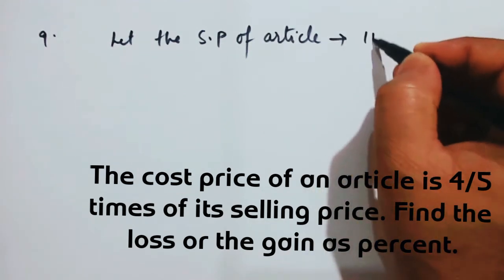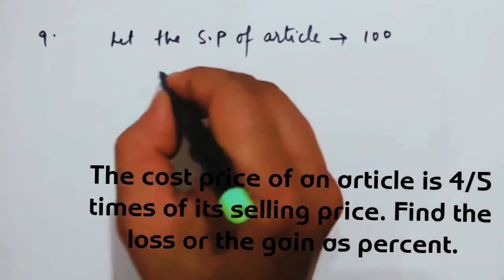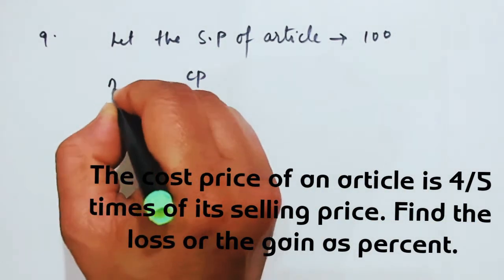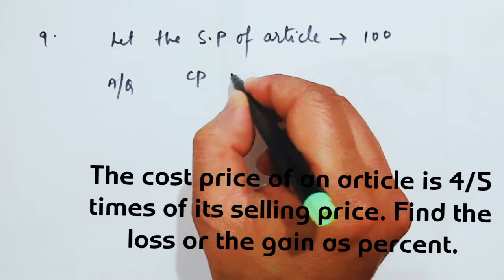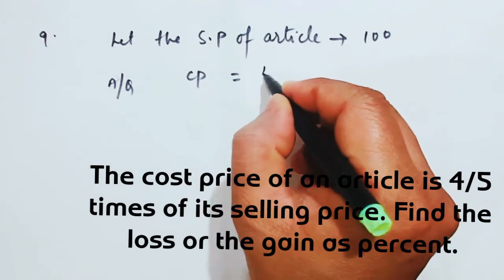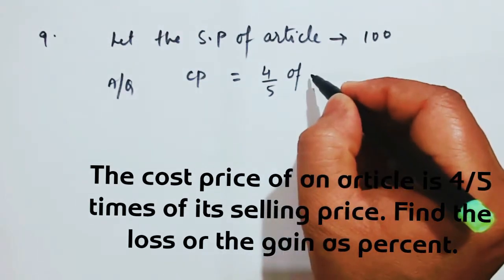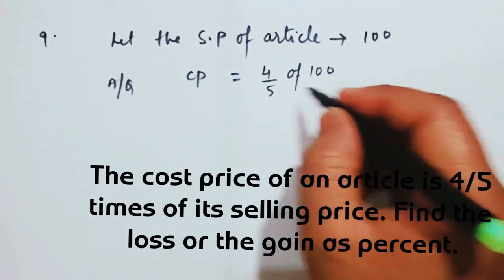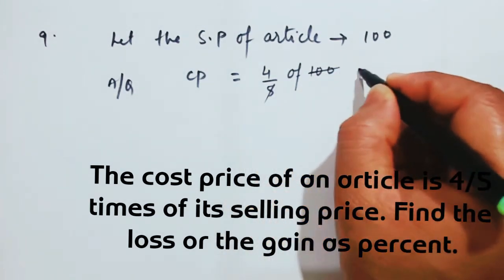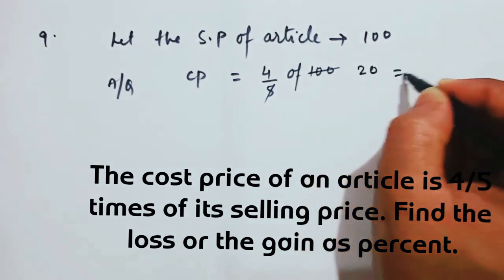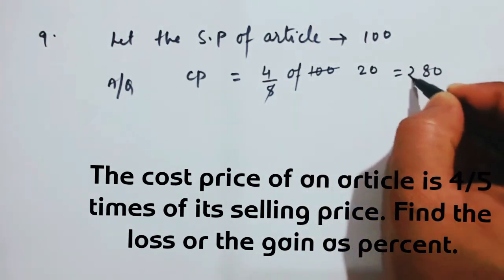Let the selling price be rupees 100. So the cost price, according to the question, is equal to how much? 4 by 5 times 100. 4 5s are 20, 4 times 20 is 80, rupees 80.